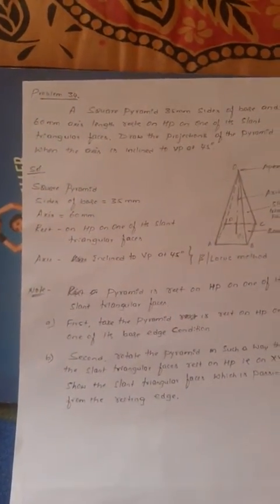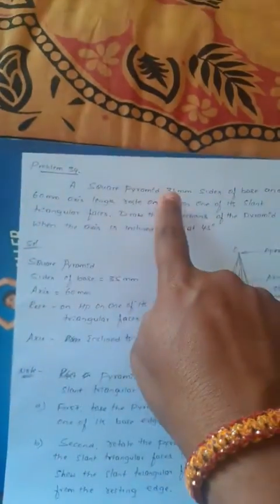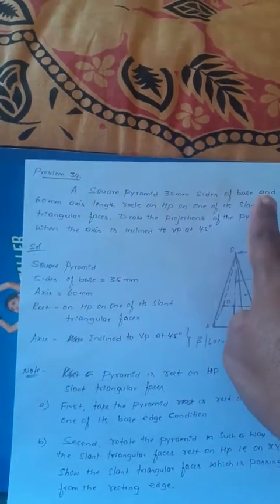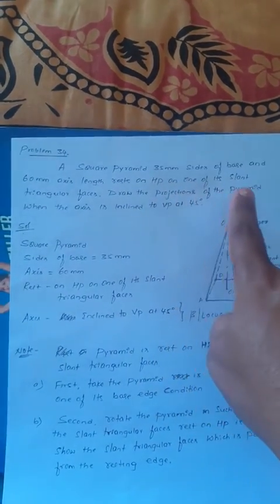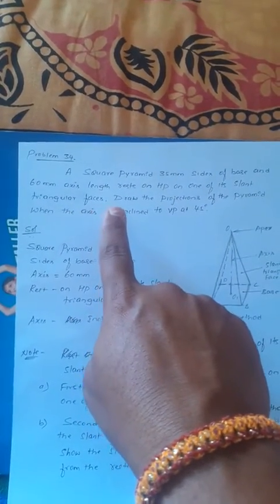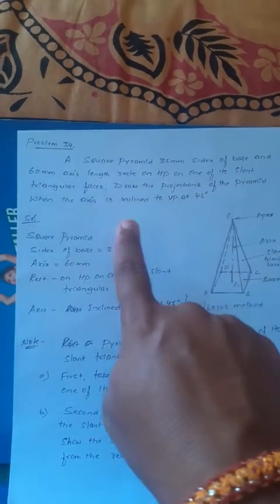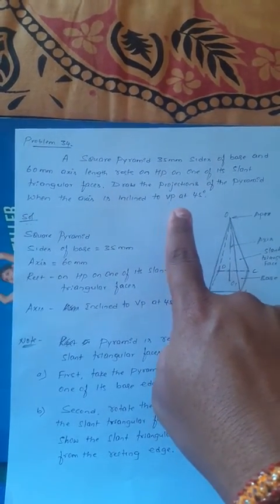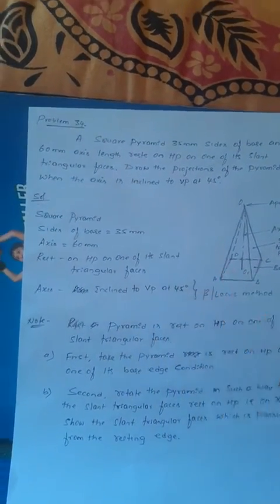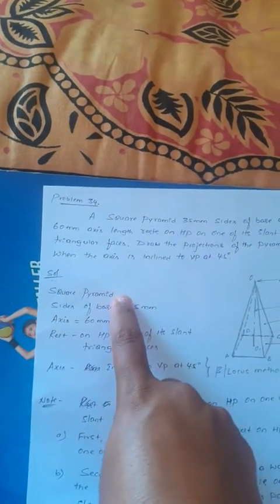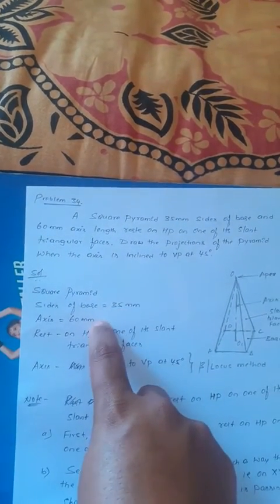Just see, it is given a square pyramid, right? A square pyramid, 35 mm sides of base and 60 mm axis length. Rest on HP on one of its slant triangular faces. Draw the projections of the pyramid when the axis is inclined to VP at 45 degree. When the axis is inclined to VP at 45 degree, it means the method is locus or beta method. Now type of solid is square pyramid, sides of base 35 mm, axis is 60 mm.